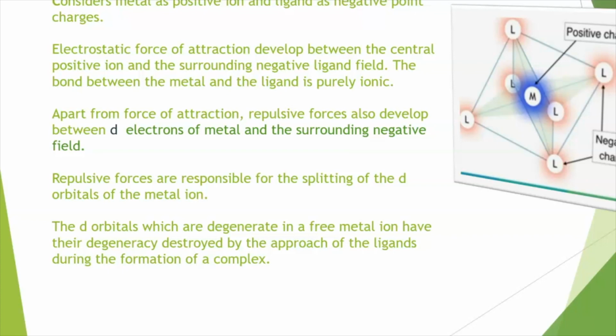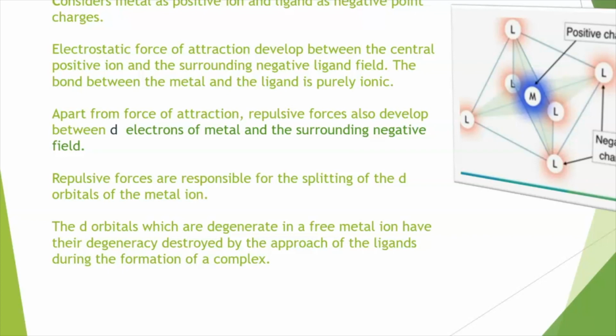Next, the interaction between the electrons of the cation and those of the ligands is entirely repulsive in nature. These repulsive forces are responsible for the splitting of the d orbitals of the metal cation.